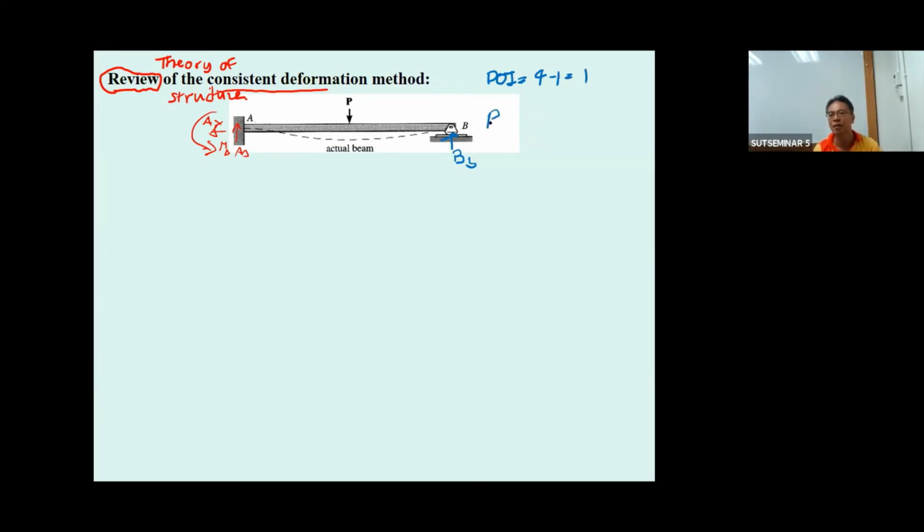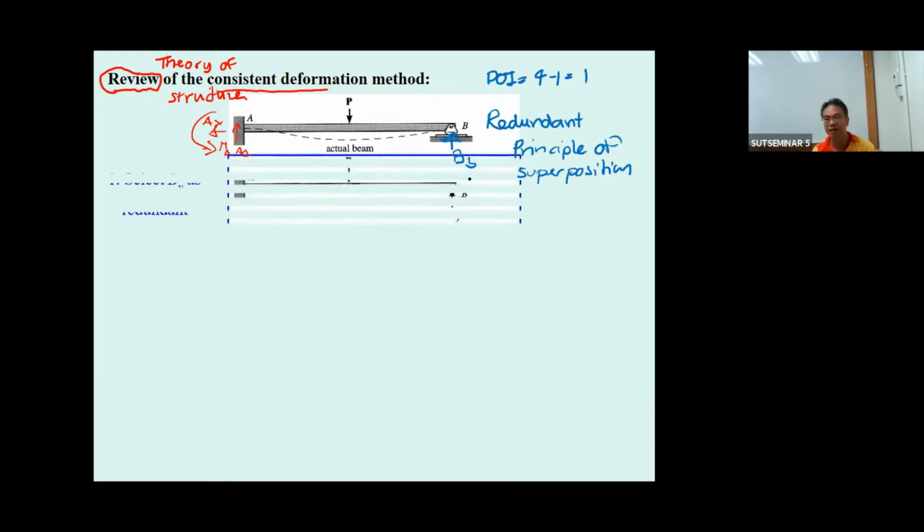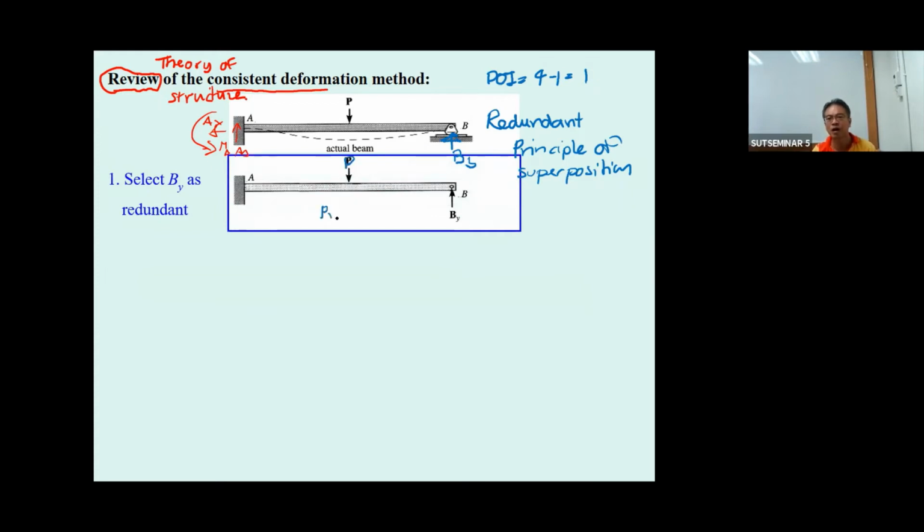And most of the time we have to set up the redundant. If we set up B sub y as the redundant, we may use the principle of superposition. Separate this beam. The first beam is subjected to the applied force P. We call this one the primary beam.